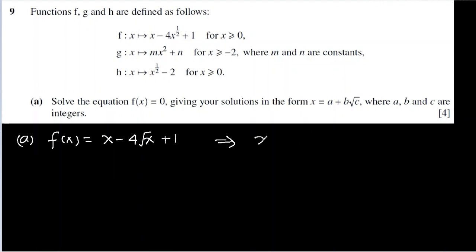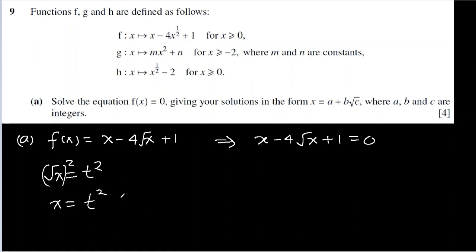So the equation becomes x minus 4 square root x plus 1 equal to 0. With the square root, it will become difficult to solve this. So let's do what? Square root x is equal to, let's say, t. So what will be x equal to? Let's square this. So x becomes equal to t square.